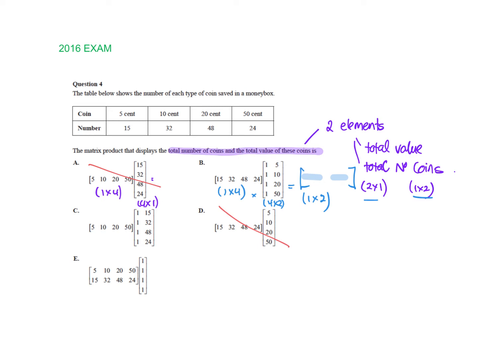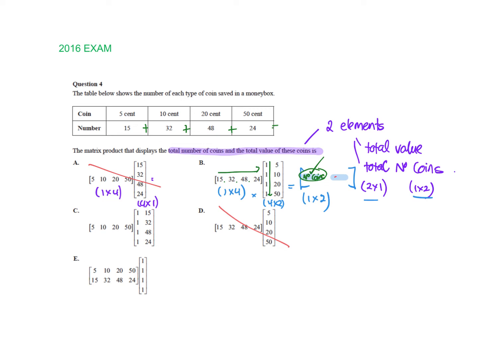So if I was going to find out this first answer, we'd be running across here and going down like that. Remember yesterday, if we multiplied by a column matrix of 1s, it added up the row. So if I was adding up those rows, wouldn't that add up the total number of coins? Yes? So that's good. This is the number of coins.